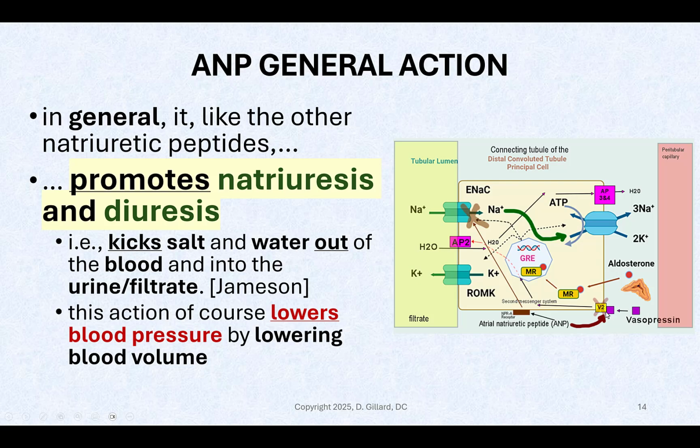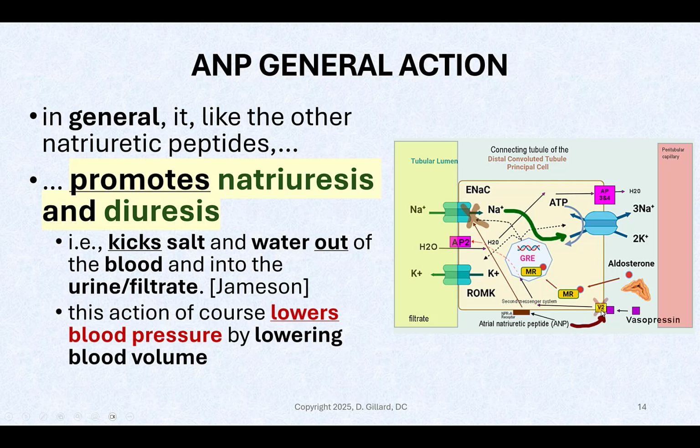That's one theory anyway. Another one, it has a receptor called the NPRA receptor, the natriuretic peptide A receptor, which is also on the principal cell membrane. It can bind to that, and there's a secondary messenger system. And we think that can also mess up this pathway right here, kind of decrease the expression of the gene. So the story's not fully understood, but this is what I'm going to test you on right here.